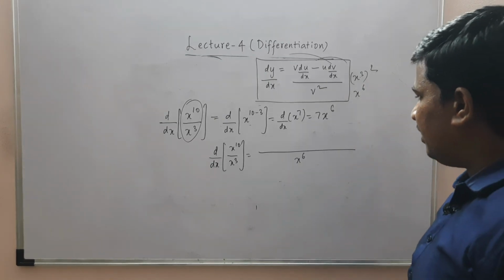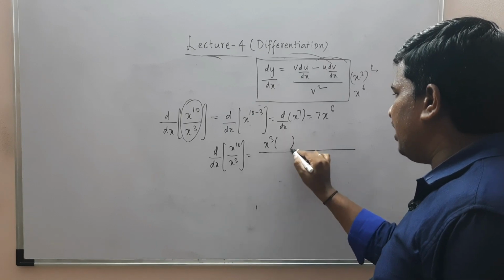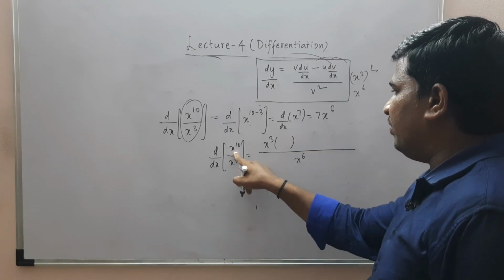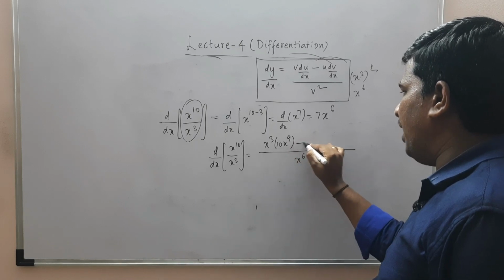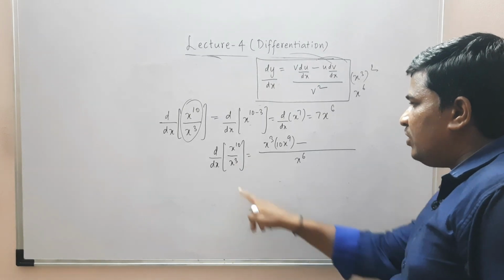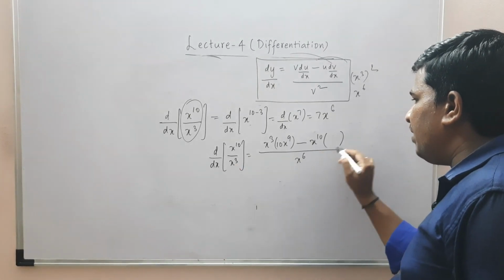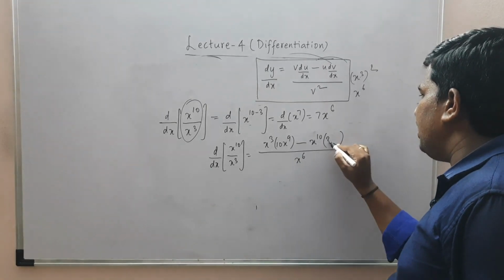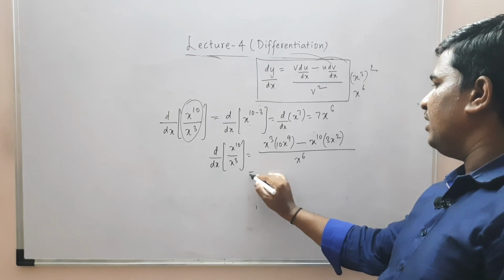And what do I write? The same function here, x cube. And whose derivative should I write? Its derivative. So for x power 10, 10x power 9 minus, then I already disturbed x power 10, so I should disturb this next time. So x power 10 as it is I will write. I must disturb x cube now, so 3x square.